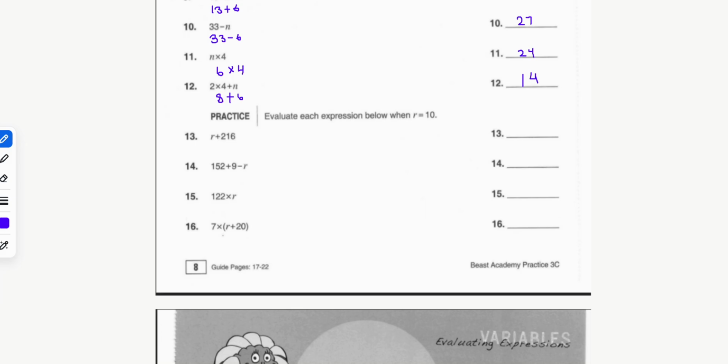Next, we have to evaluate each expression below when r equals 10. So when r equals 10, the expression r plus 216 is equal to 10 plus 216. This equals 226.